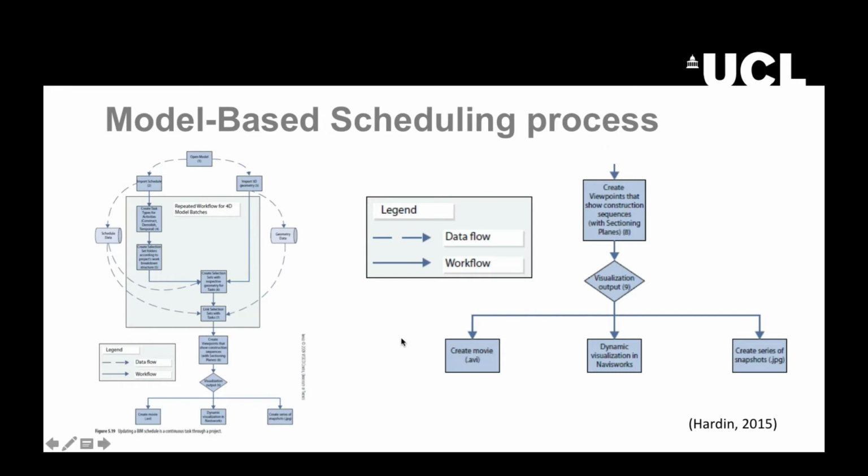We can create a movie that describes the whole process of how the project is going to be executed. We can use dynamic visualization in Navisworks, or we can create a series of snapshots to represent key points in our schedule.